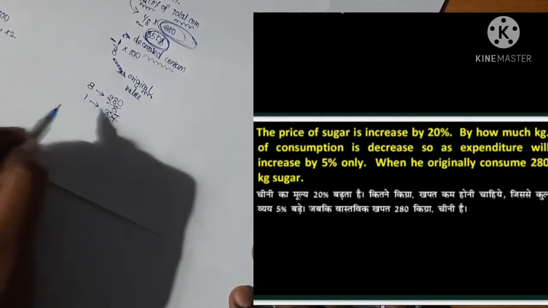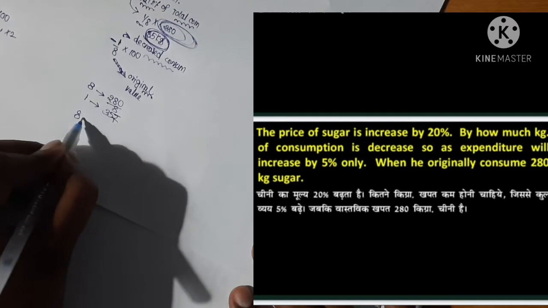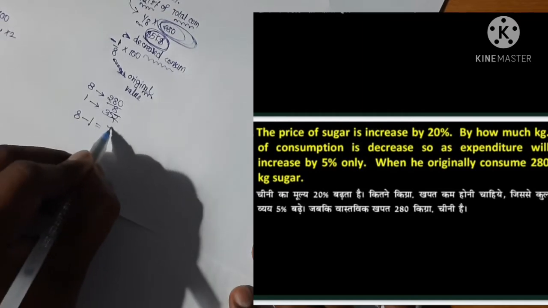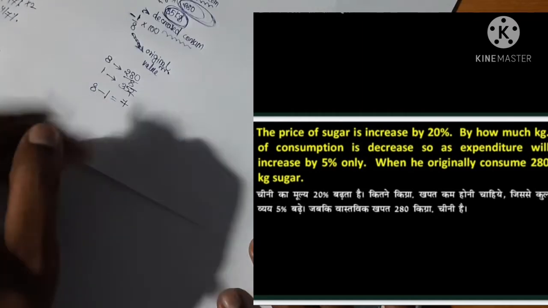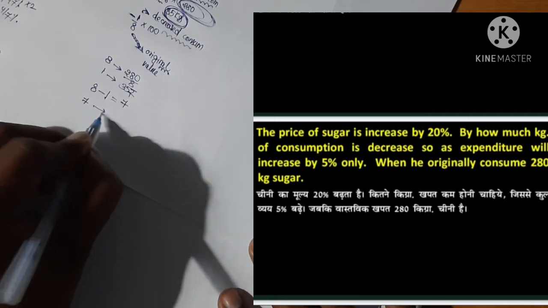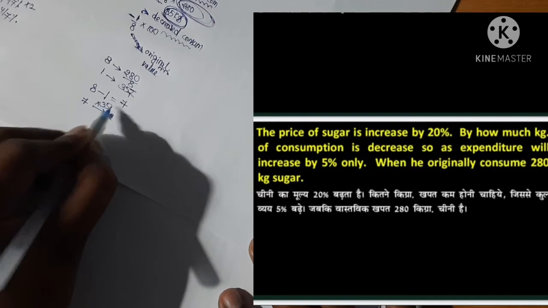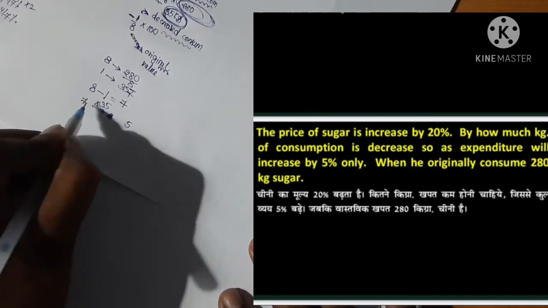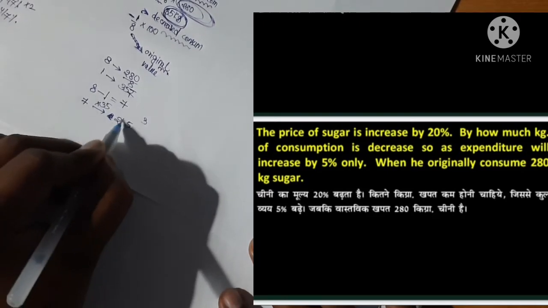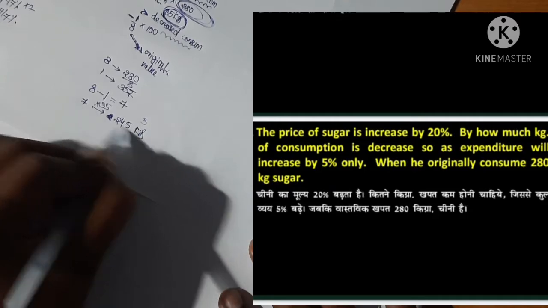So the current value is original minus decreased, so the value is 7 units. Current consumption is 7 units, which can be represented as 7 into 35, so 245 kgs.